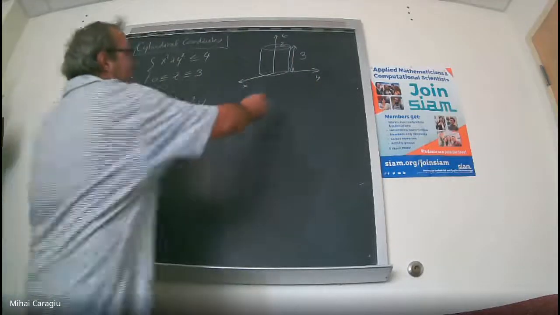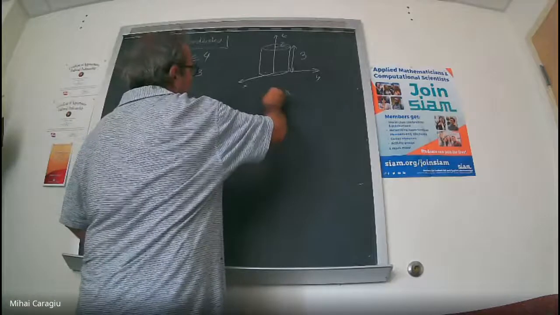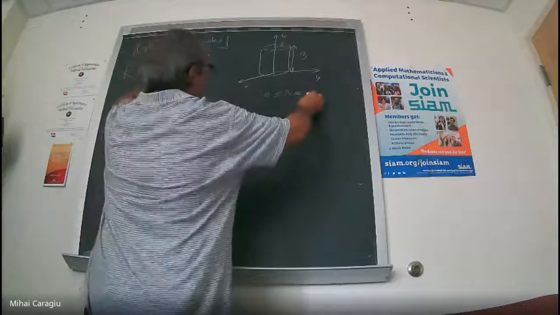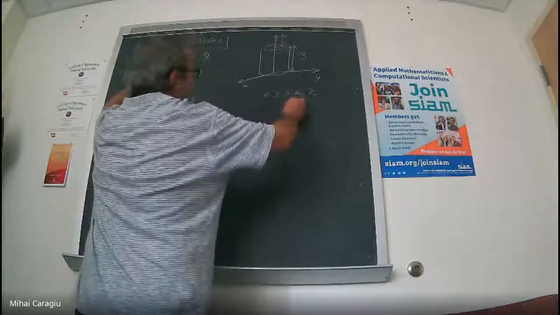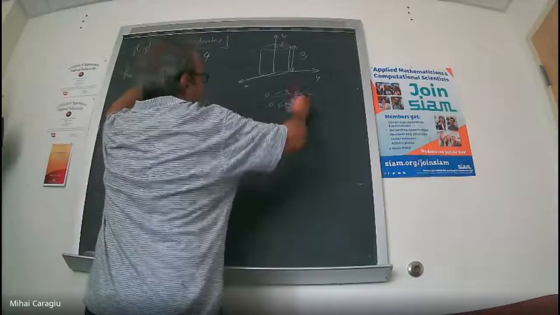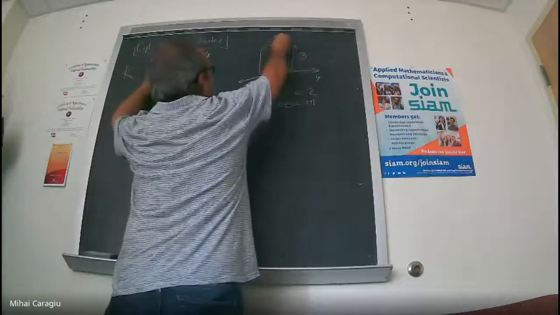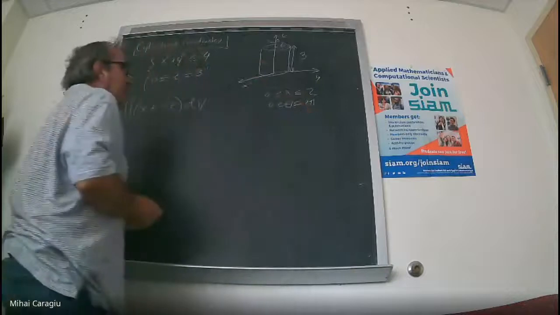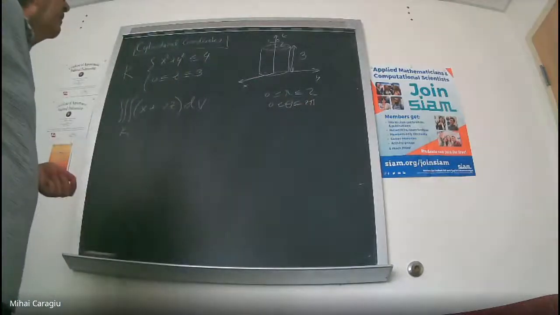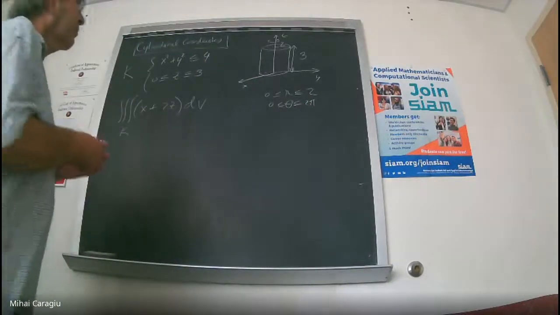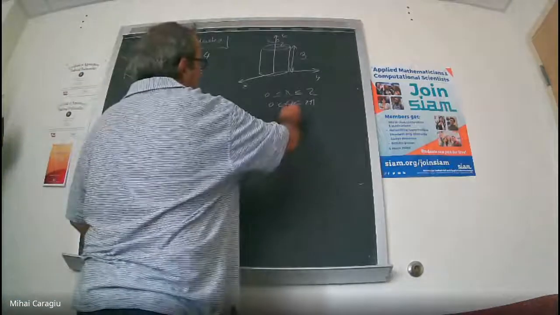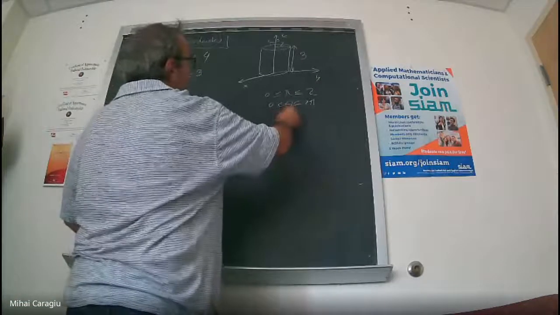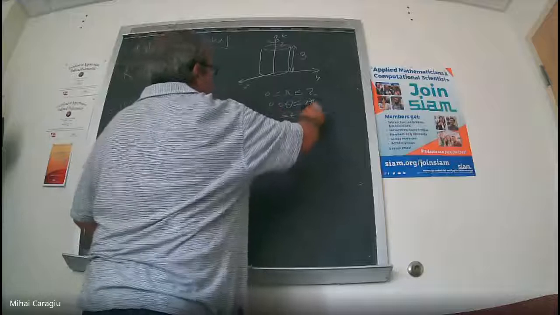and the height of the cylinder is 3. So in cylindrical coordinates, we can say r is from 0 to 2, theta is from 0 to 2 pi because of the rotational symmetry, and z is from 0 to 3.